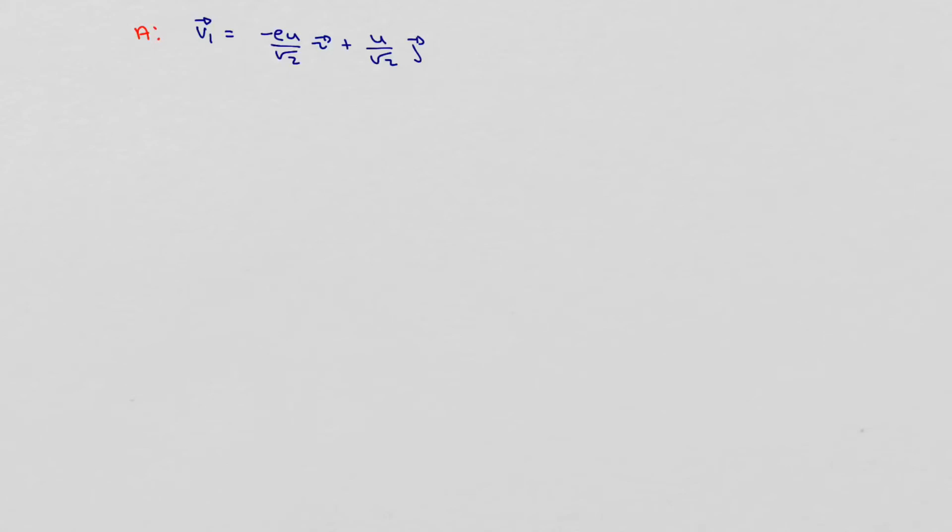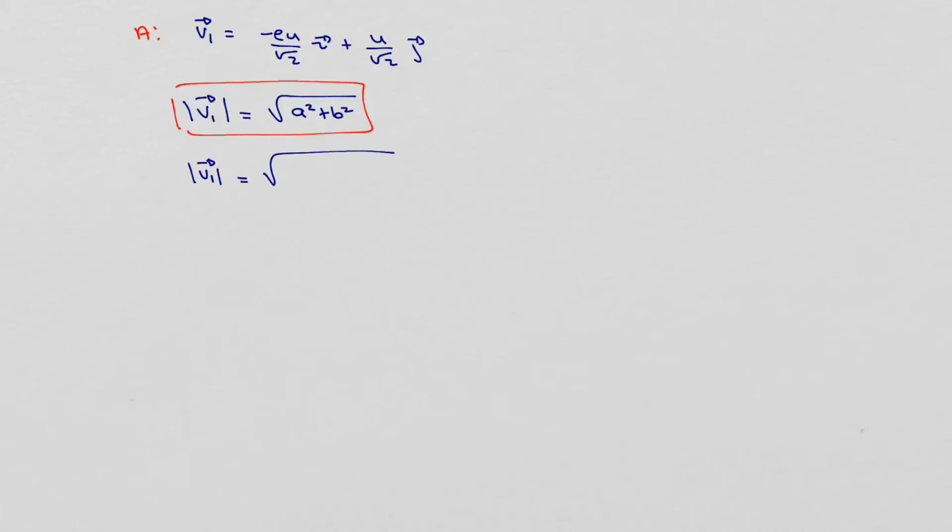So therefore, if I want the magnitude, I need to get the square root of a squared plus b squared. So therefore that's going to be the square root of (minus eu over root 2) squared plus (u over root 2) squared. And therefore, if I square that out, that gives me e squared u squared over 2 plus u squared over 2.